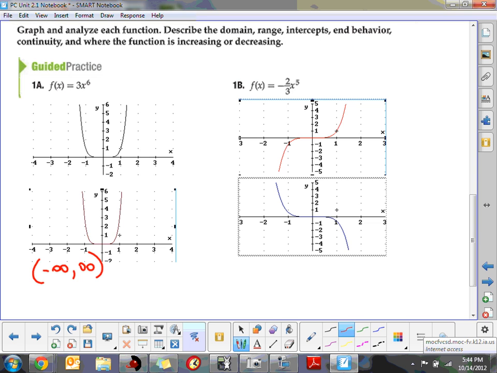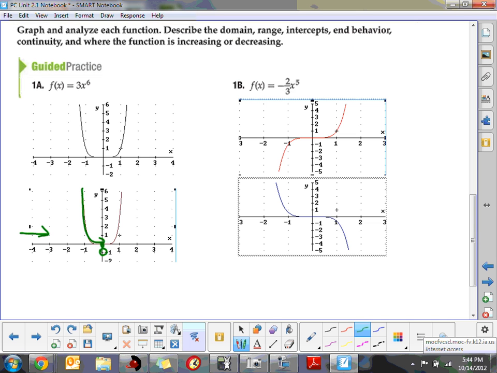And where is this function increasing or decreasing? When you answer this question, make sure that you're reading the graph from left to right, just like you're reading a book. So as you read this graph from left to right, it is falling until we get to the origin. Right here at the origin, there's a transition.